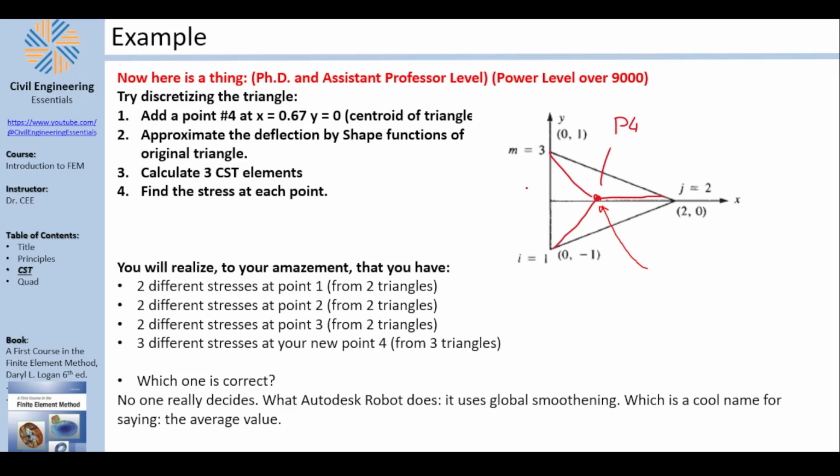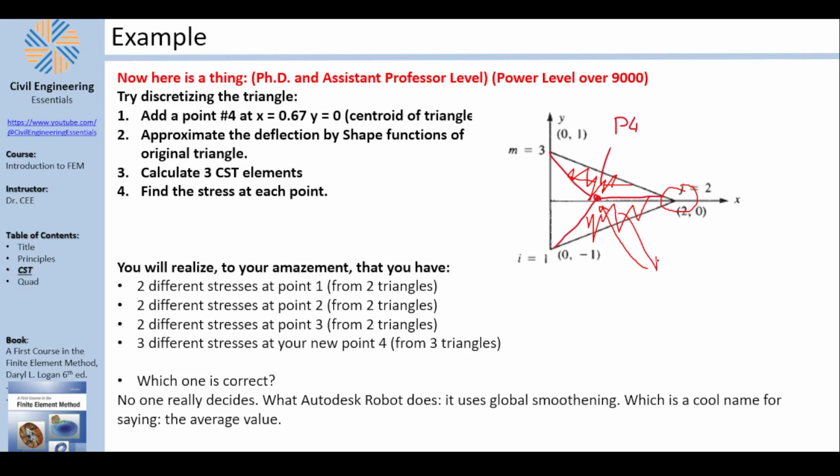And here's what happens. If you discretize your element into 3 triangles, suddenly you have a dilemma or a problem. You realize to your amazement that point number 2 suddenly has 2 stress values. One stress value from this triangle, because the stress in the triangle is constant, and yet another stress value from this triangle.